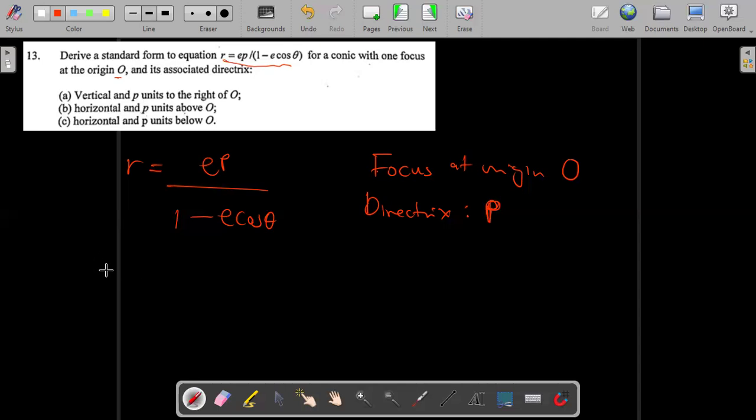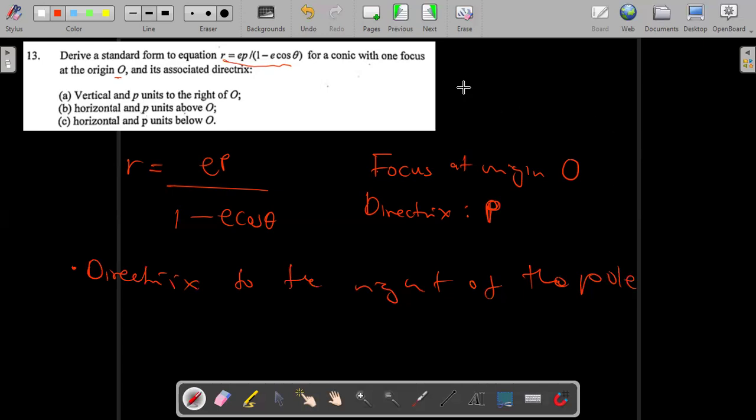You have a case where the directrix is to the right of the pole. The pole, the origin, is where it starts. So your directrix is to the right of the pole.